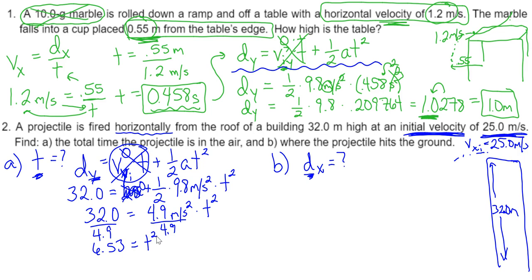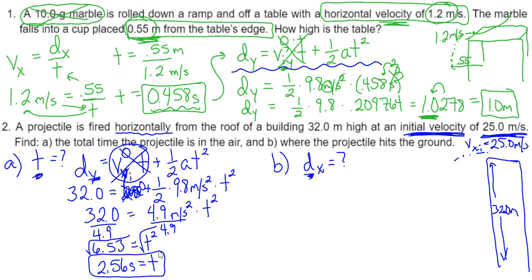And then the last thing that I need to do to solve for t is to take the square root of both sides. So the square root of 6.53 is approximately 2.56 seconds. Okay, so there's my first part, 2.56 seconds.